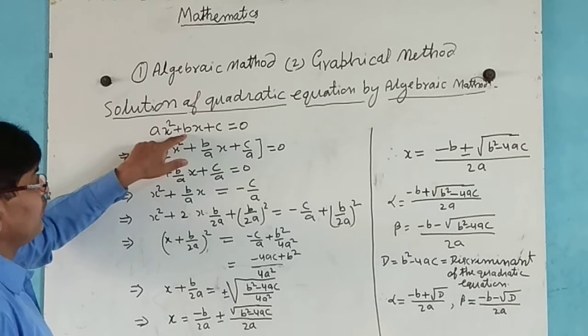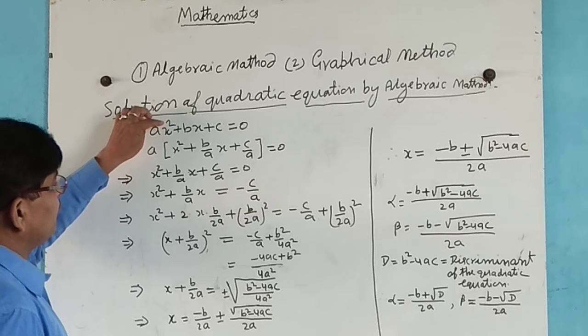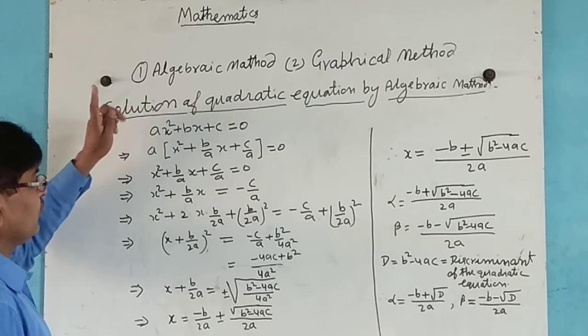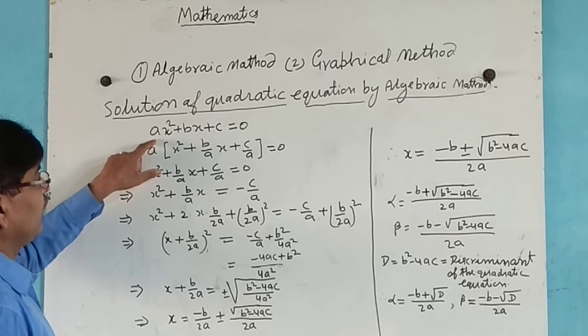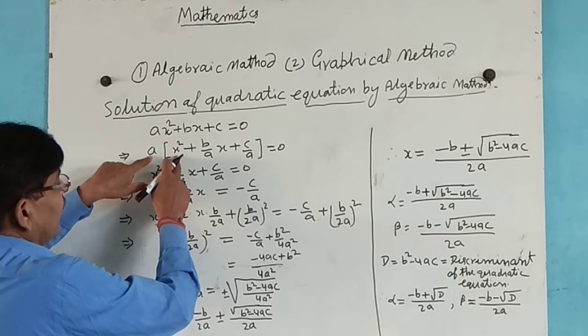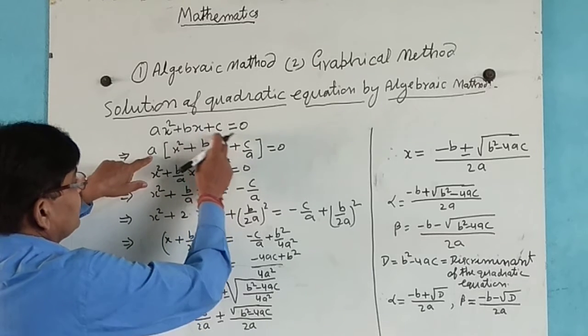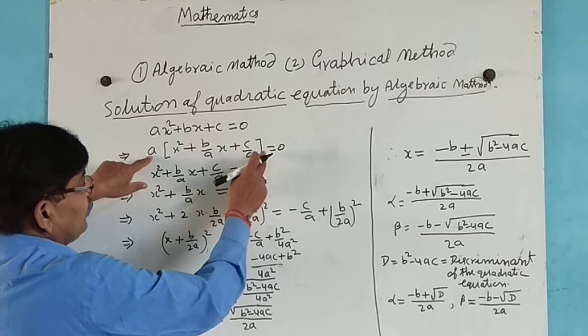ax square plus bx plus c equal to 0. Its power is 2. This is a quadratic equation. We take a common here: x square plus b by a x plus c by a equal to 0.